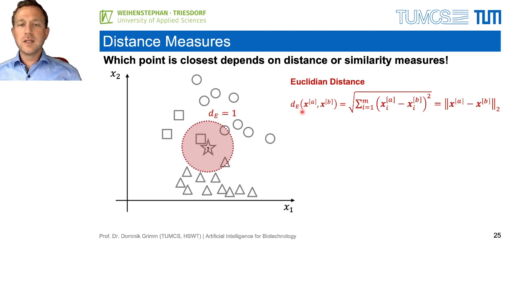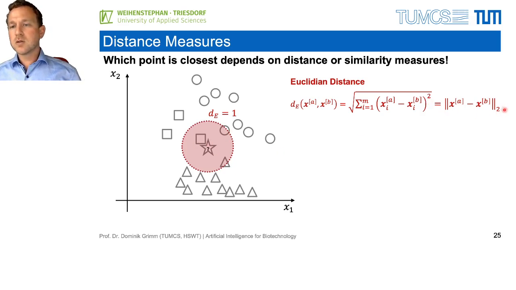The Euclidean distance between my sample x^A and my sample x^B can be computed by taking the square root of the sum of the differences between feature i from sample A and feature i from sample B. We square it and sum it up, so the squared distance between all the points.